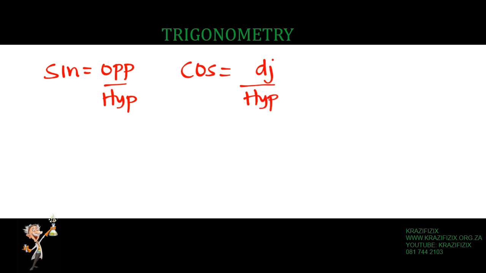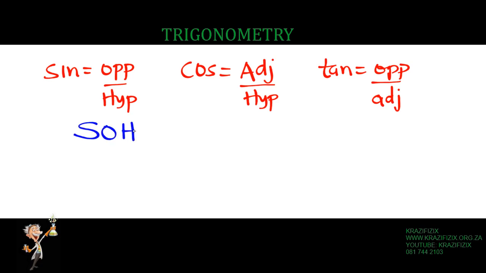And tan, opposite over adjacent. And we normally use this representation. So SOH CAH TOA. What does SOHCAHTOA mean?